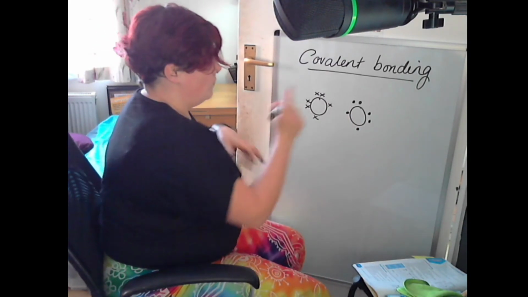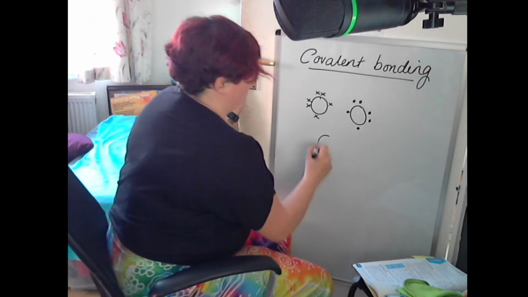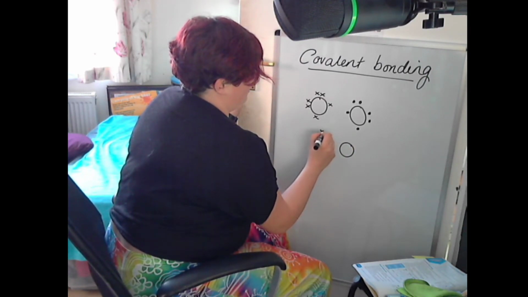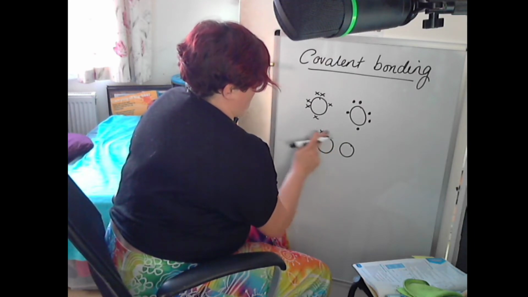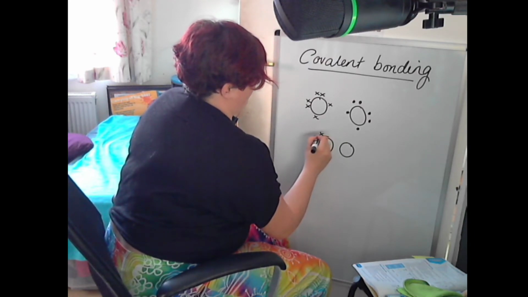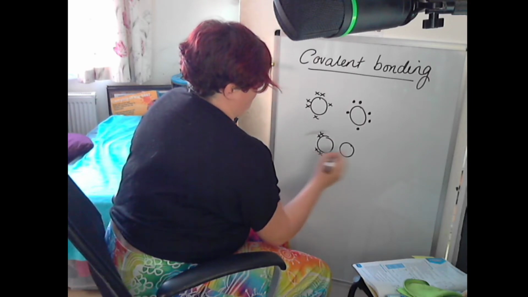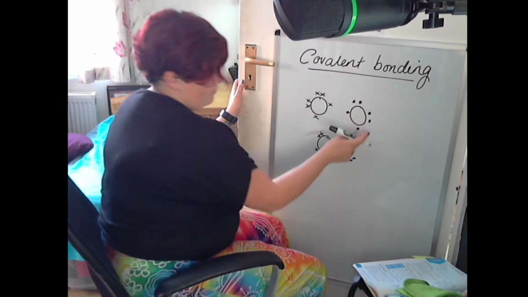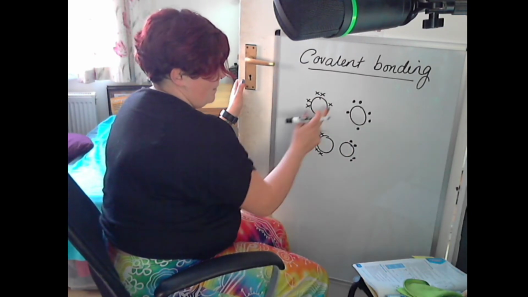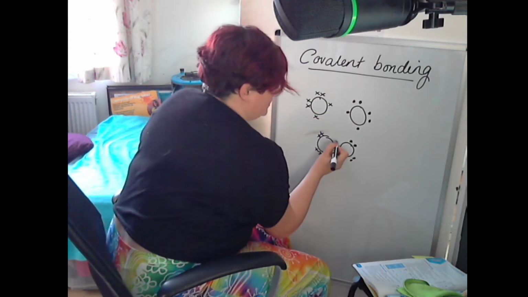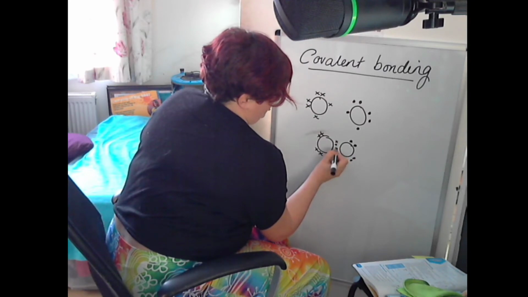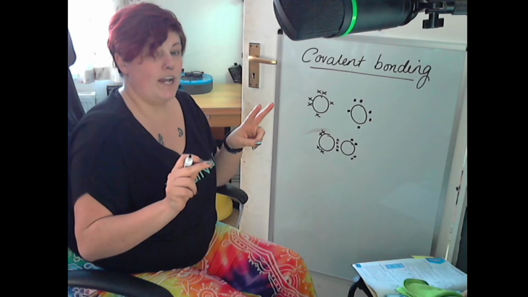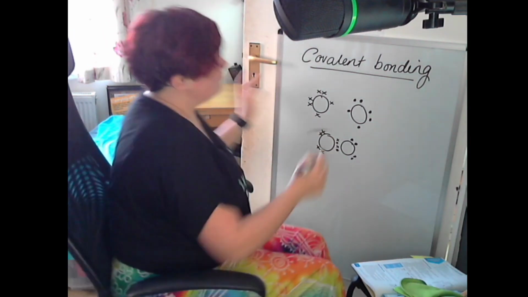What you will end up with when they join together is your 2 free pairs for each, and then these will all go into the same central area as shared. So a double bond means that 2 pairs of electrons are being shared.